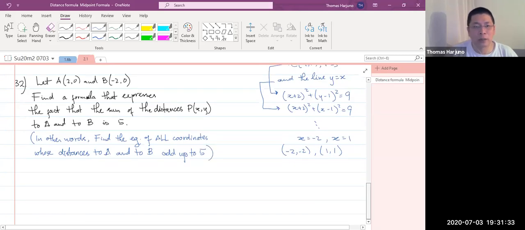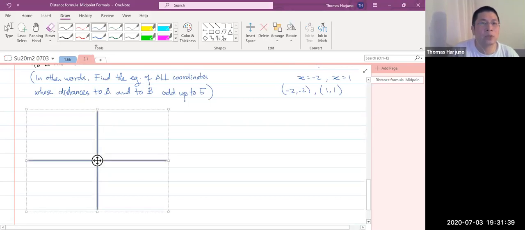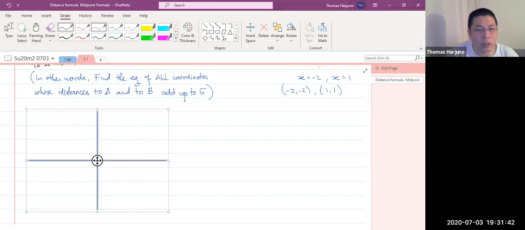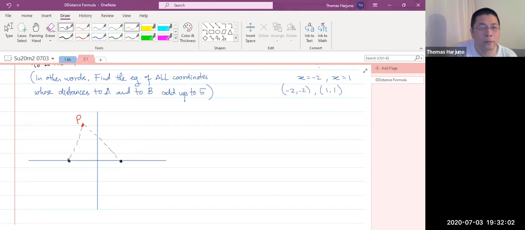Let's visualize that first. So I have this coordinate system. I have (2, 0) and (-2, 0). Now you need to find all those coordinates such that the distances of that coordinate P to A and to B add up to 5.